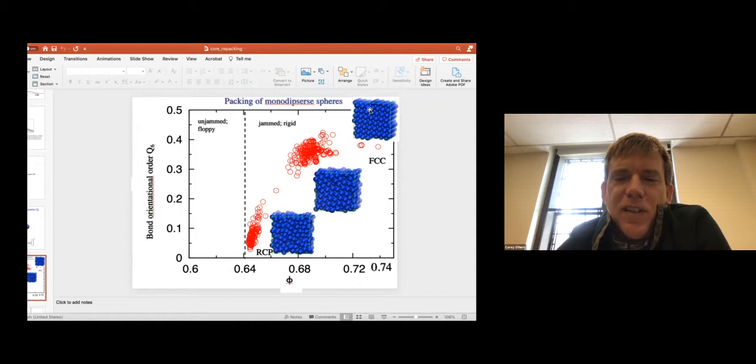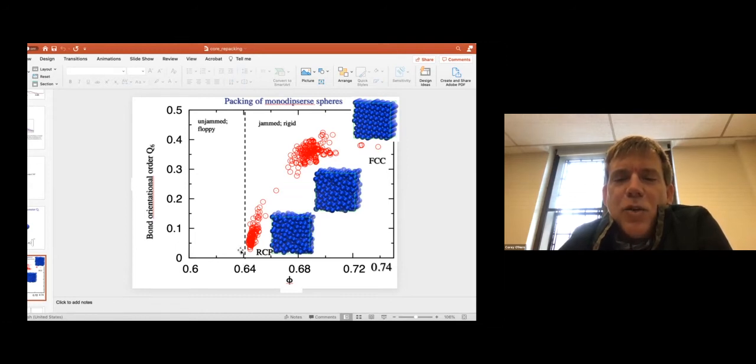It's also well known that if you go to completely disordered systems, the lowest density that you can have and still have a solid-like state is 64%. So the range is around 10%. You can go between 64 and 74 and have a solid-like structure of inert spheres.